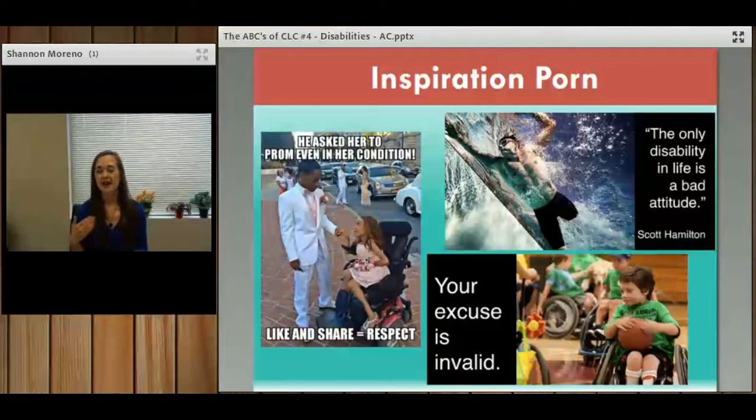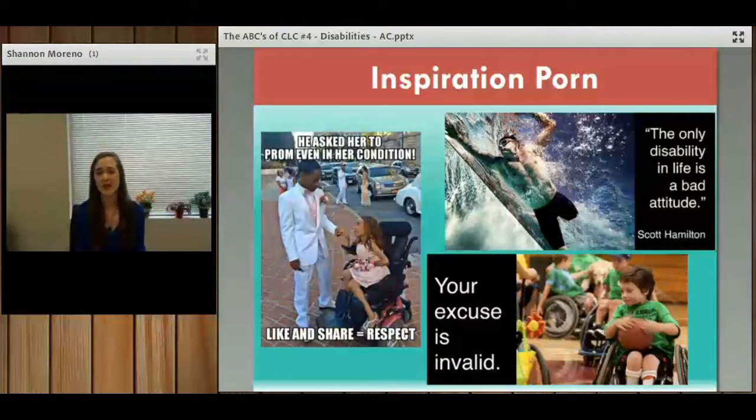So, this is a meme that is posted online, passed around, and it really makes some people feel good for this little guy for asking this girl out to prom, when the reality is it is just a young person asking another young person out to prom. It's cute, it's exciting, we should feel happy about it because it's a cute and exciting time for these young people in their lives, but it's not that this boy is heroic or honorable.